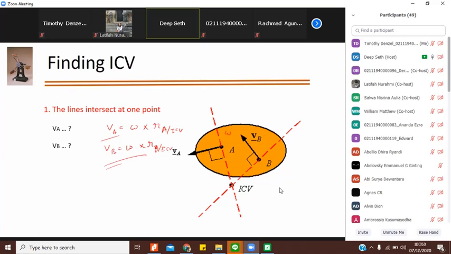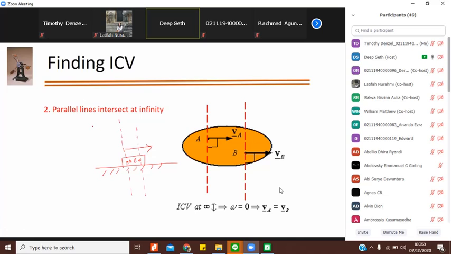And wherever they will meet, you will get the instantaneous center of velocity. But in this case, this is the direction of motion, and when you plot it, these lines will never meet. Okay. Or we can say in other words that they will meet at infinity. And what that infinity is, we don't know. Okay.